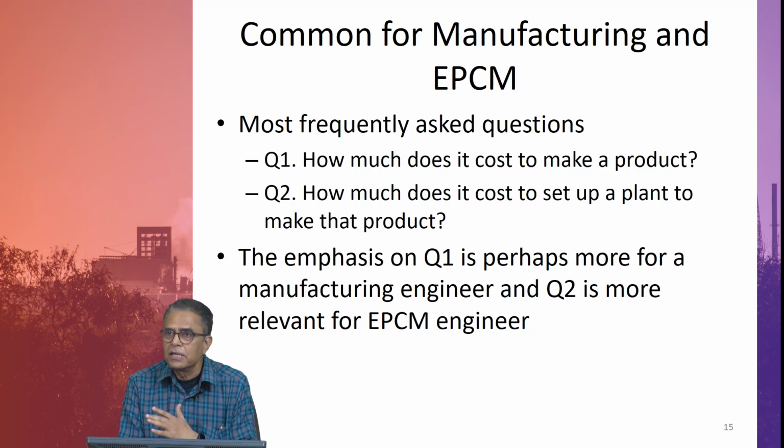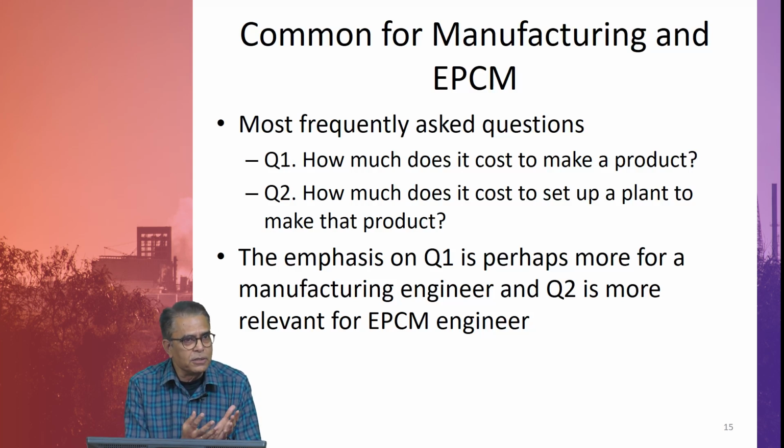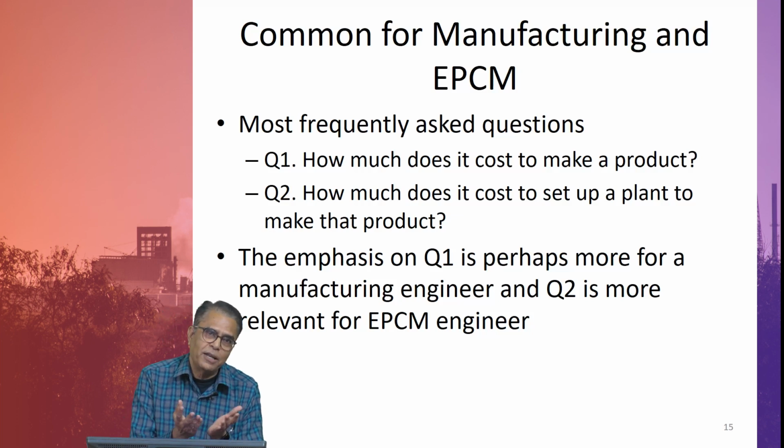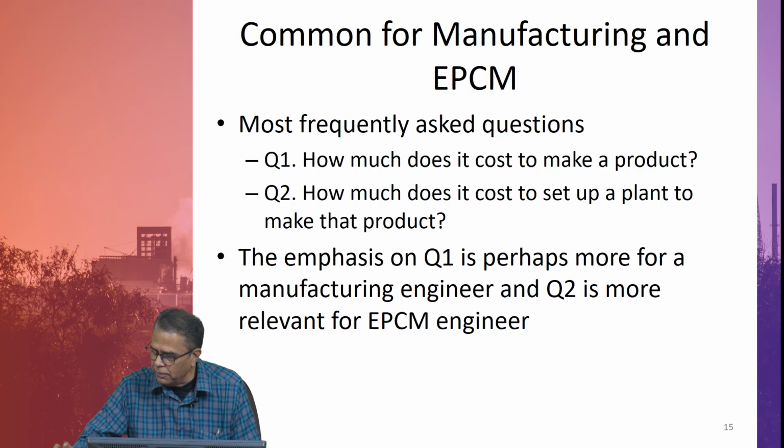Similarly, if you are in an engineering services company, you have no product as such, but you are all the time looking at your customers to see how well you can build plants for them, and the first question they will ask is, tell me how much it is going to cost. So, there is a slight difference in the importance between the two sectors, but both are important.